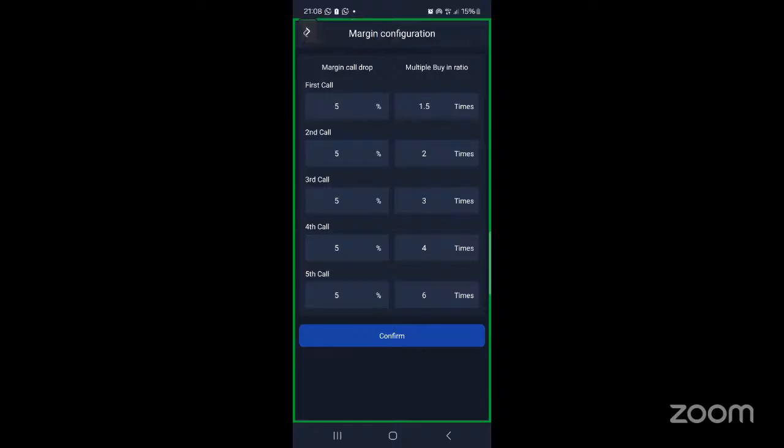Now another person can do this. Listen to me. If we have identified that the coin is potentially going to drop to negative 30, it's the same thing we're going to do, because chances are the coin might bounce back.